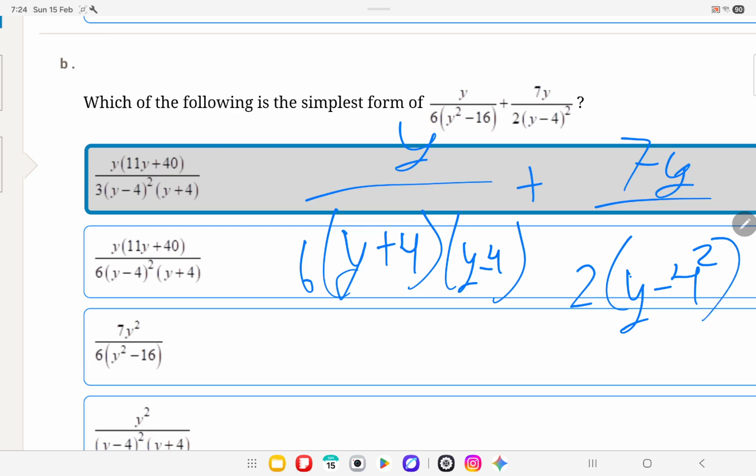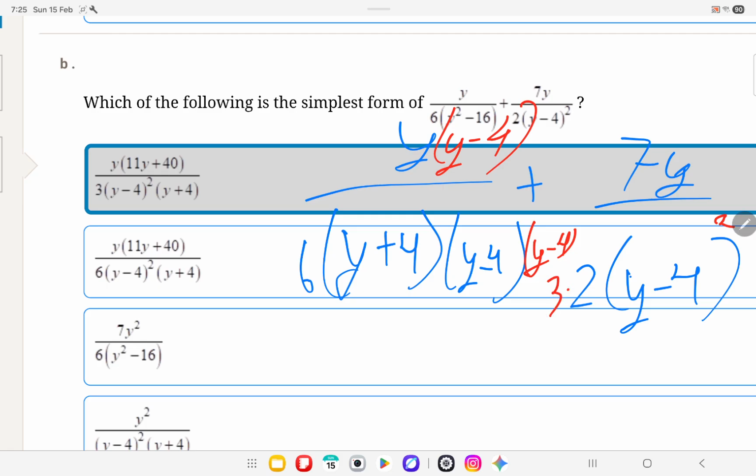So what's missing from each side? Here it's y minus 4 all squared, right? So we're missing a y minus 4 squared, so we do times y minus 4. If we multiply up, we have to multiply down. If we multiply down, we have to multiply up. It will be times y minus 4. And that's it. And here we do 6. We have to make 2 into 6, so times 3.